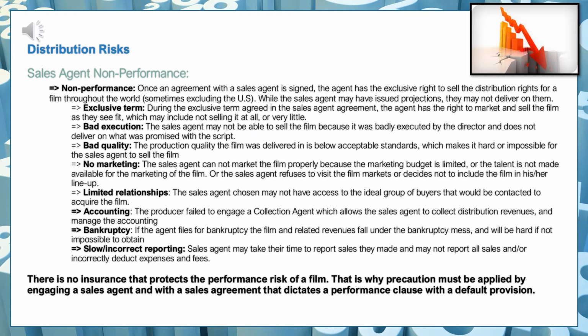So my assumption was that they did have relationships, and it turned out they did not have the essential relationships I would have needed in order for my project to be sold properly to the right buyer. So this can happen. So it is important for anyone who does a movie to work with an established sales agent that's been in the market for a longer period of time and knows the buyers very well.